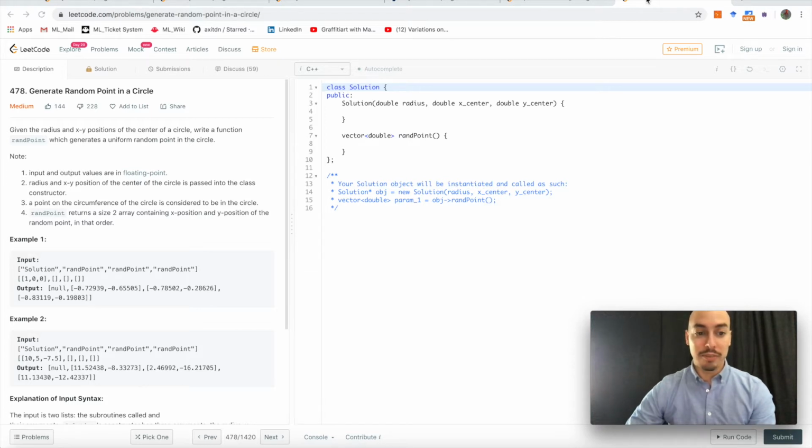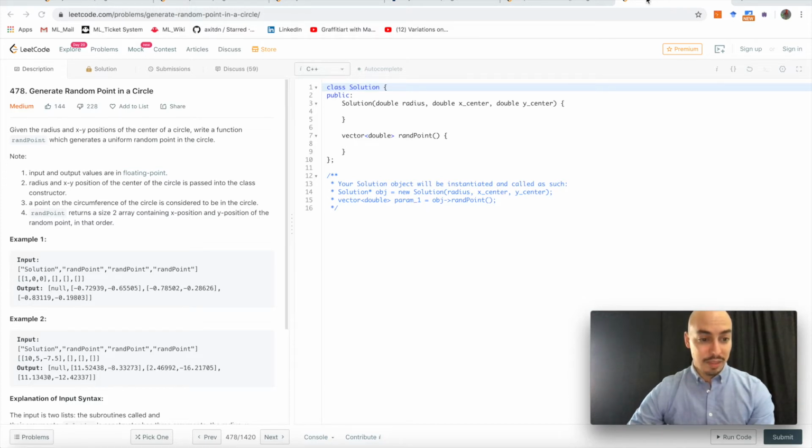Note, input and output values are in floating point. Radius and xy position of the center of the circle is passed into the class constructor. A point on the circumference of the circle is considered to be in the circle. RandPoint returns a size 2 array containing x position and y position of the random point in that order. So first we have the x position, then we have the y position.